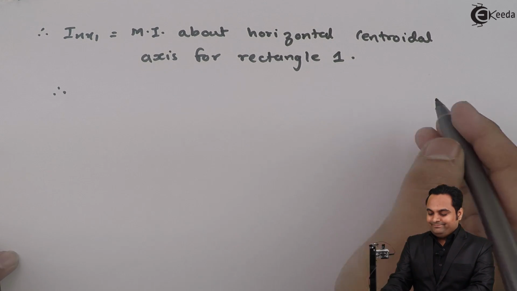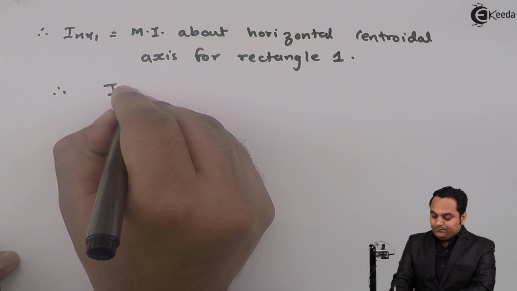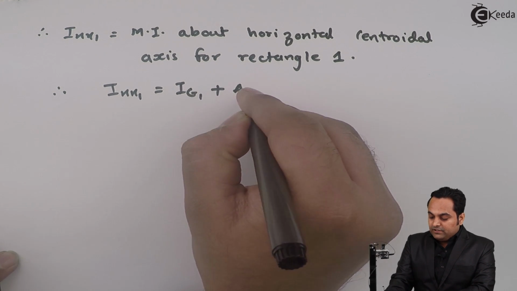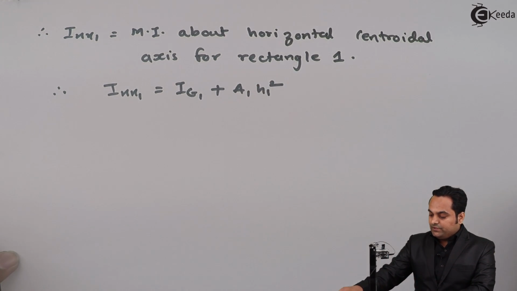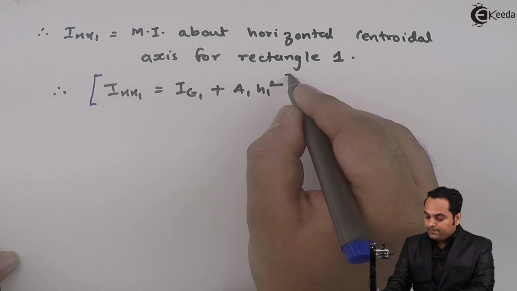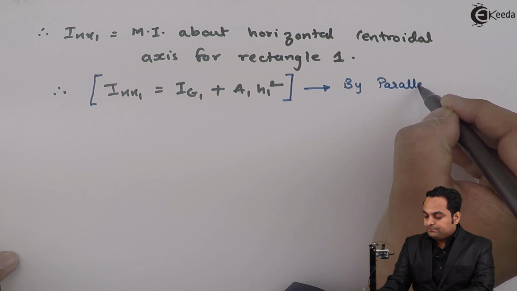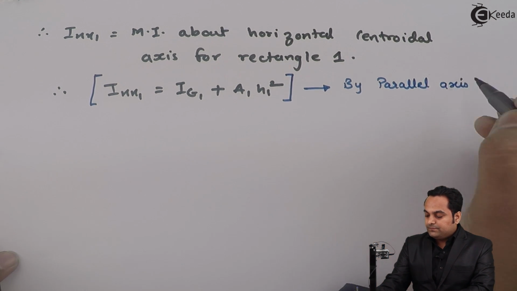Therefore Ixx1 is equal to Ig1 plus area 1 into h1 square. This is by parallel axis theorem.